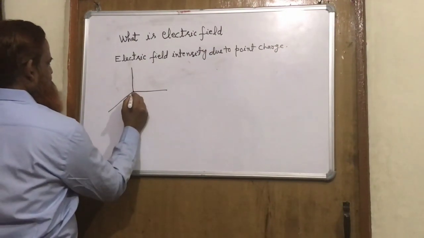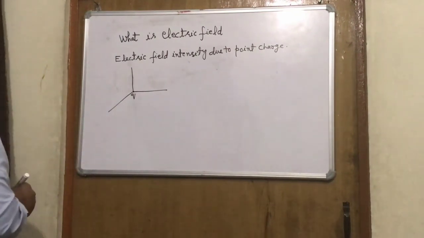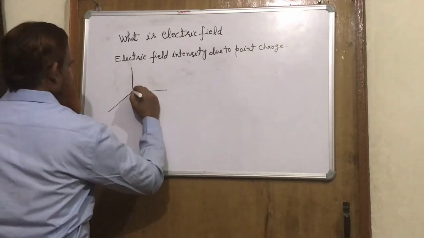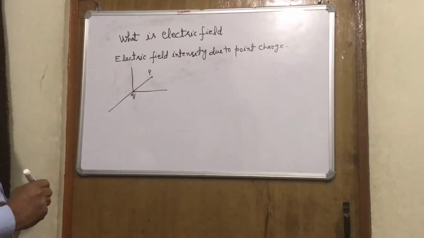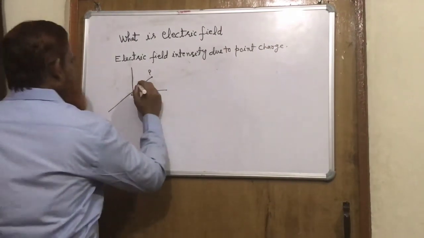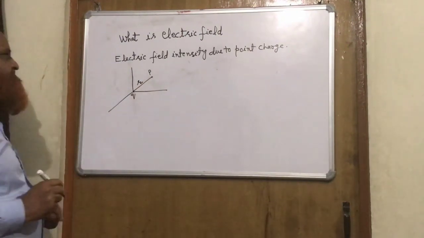A point charge q is at the origin, and we want to find the electric field intensity at point P, whose position vector is r.